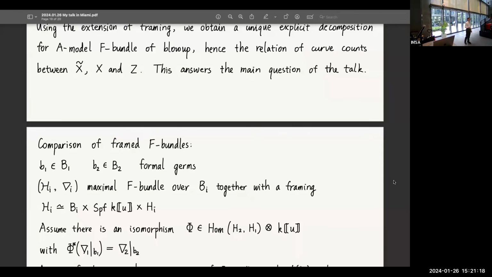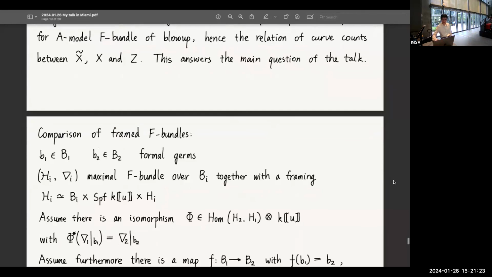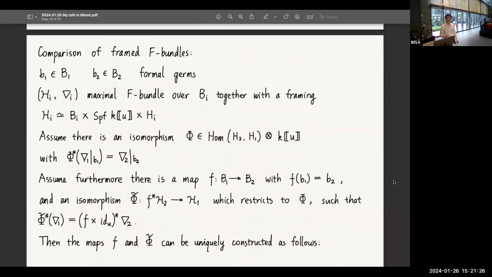So that's exactly this gauge equivalence that we proved for the fiber case. And furthermore, assume there is a map F from the base B1 to B2, sending these points, and an isomorphism phi tilde from the pullback of H2 by F to H1, which restricts to this gauge equivalence that we have, such that we get the relation between the connections.